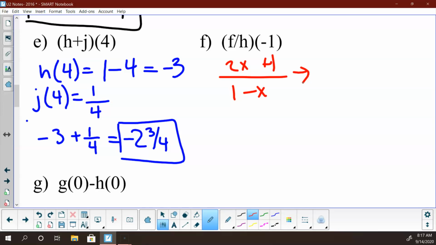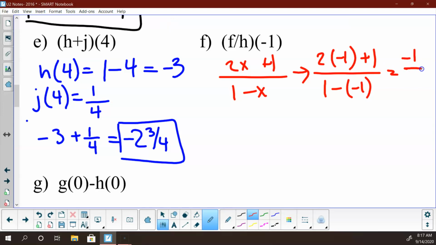It doesn't matter to me. They both work out the same way. So I've got 2 times a negative 1 plus 1. So negative 2 plus 1 is a negative 1 over 2.